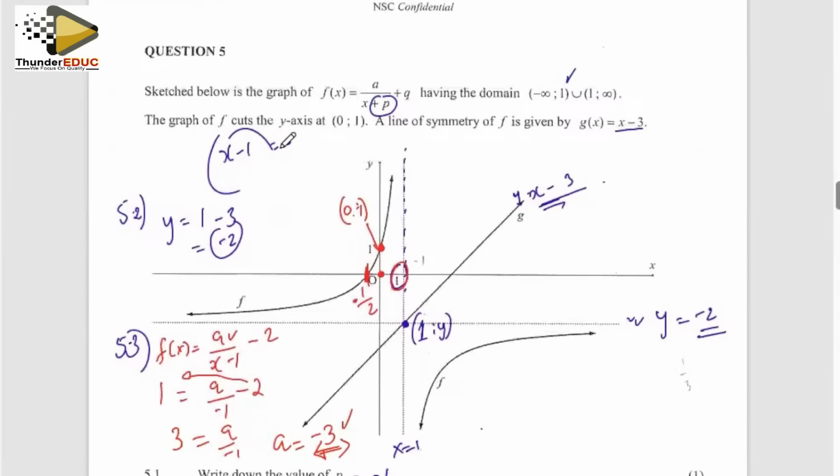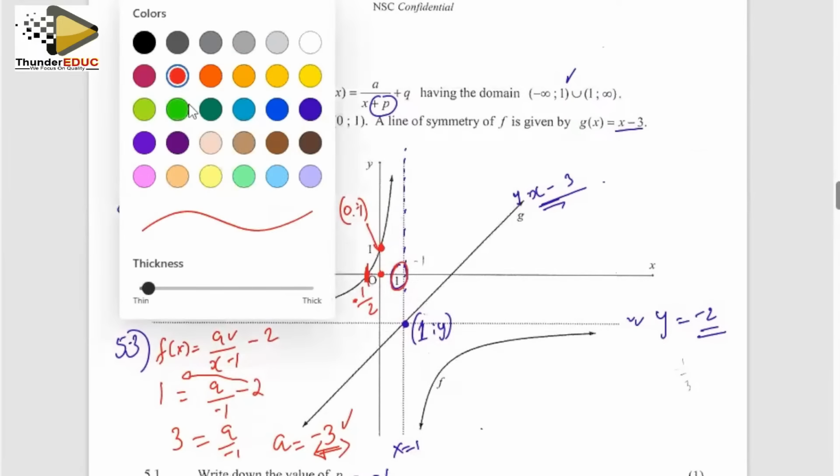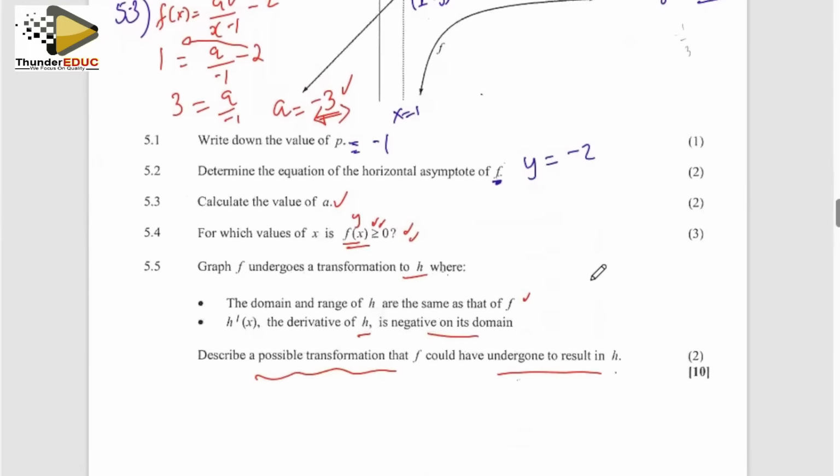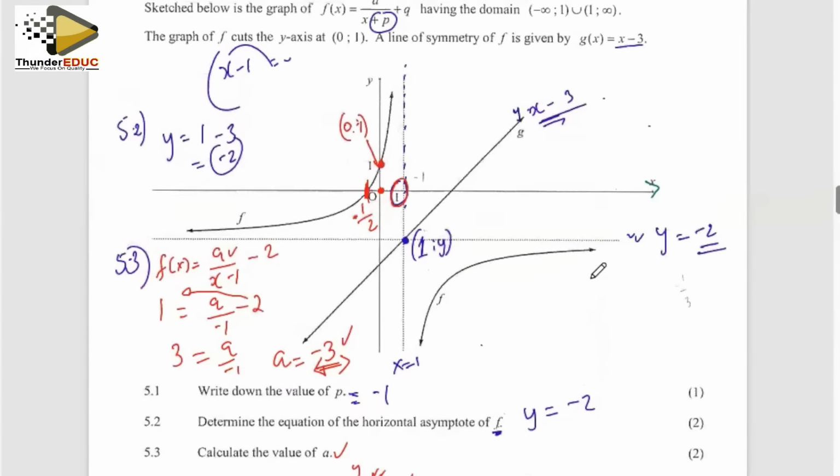So for us to have a scenario like that, where the domain is unaffected, because if you reflect about the x, the domain will stay the same, but then the range is going to be affected. And then the gradient of the graph is going to change. So the easiest is just to reflect around this asymptote. So this must go up and then this must come down, something like that.